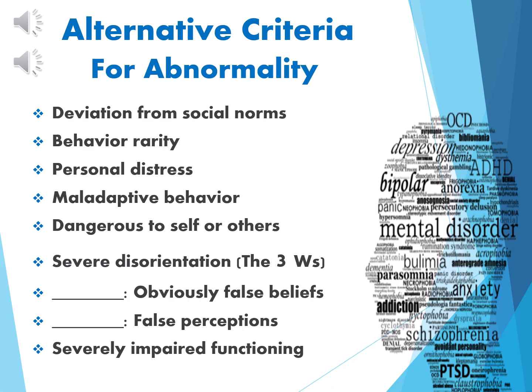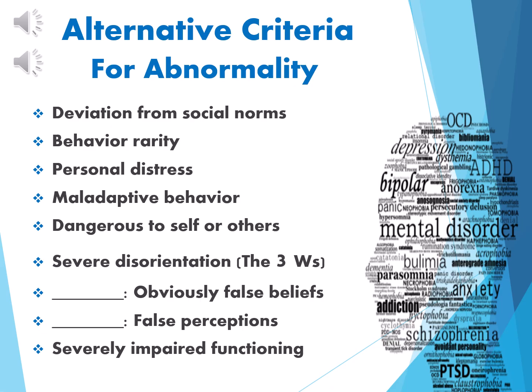The 3 W's. Take a guess. Can you figure out any of the W's? I'll give you a moment. They might not know who they are. They might not know where they are. And they might not know when they are. They might think it's back in the late 70s and perhaps a different president was in charge. Jimmy Carter, perhaps.